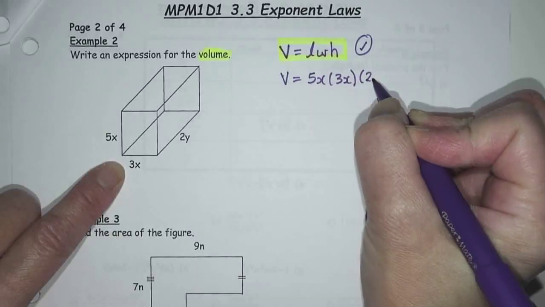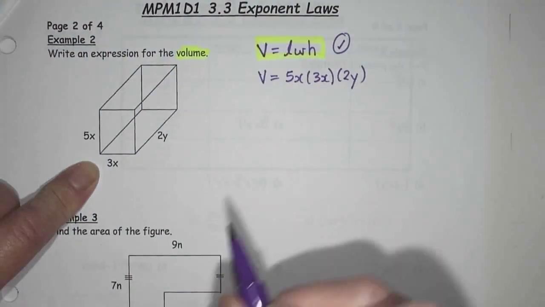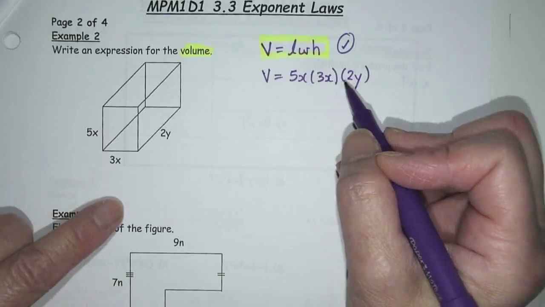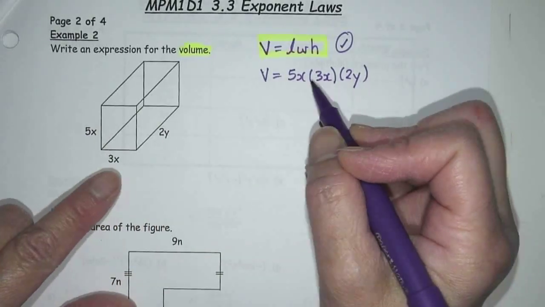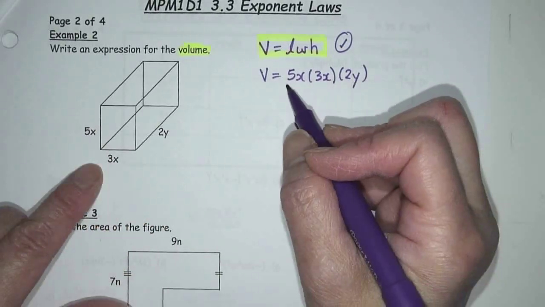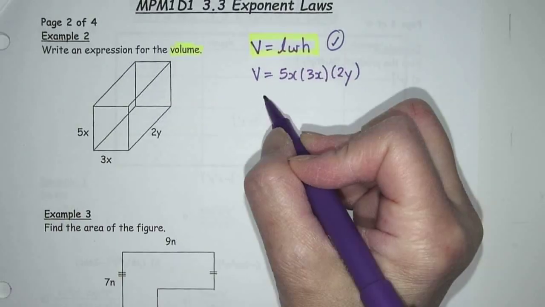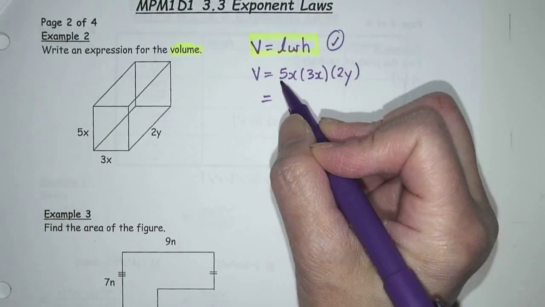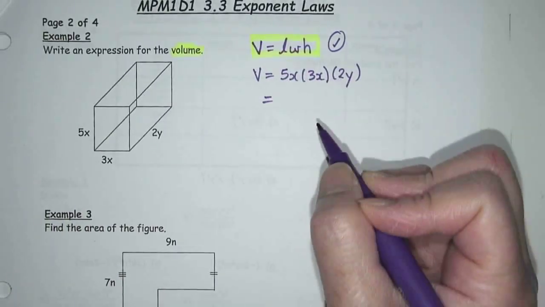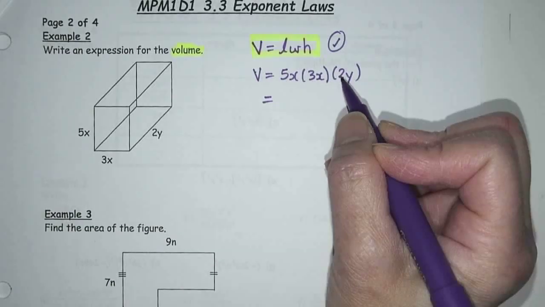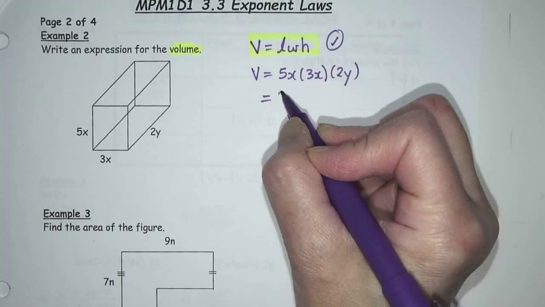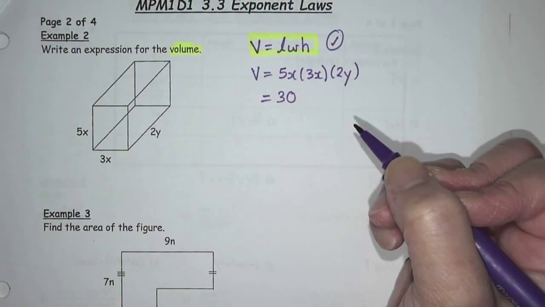So when you multiply, it doesn't matter the order that you multiply things. It can be 5x times 3x times 2y, or 2y times 3x times 5x, or 2y times 5x times 3x. It doesn't matter. So we're going to do the same thing. 5 times 3 times 2. 5 times 3 is 15, times 2 is 30. So 30.